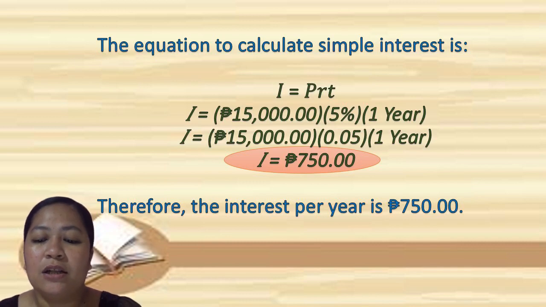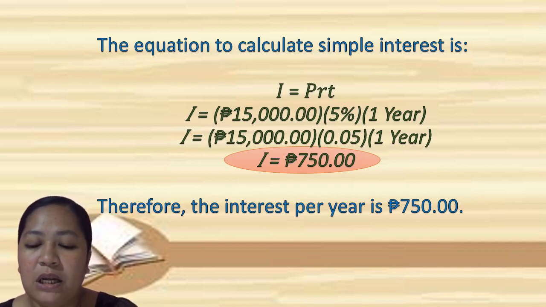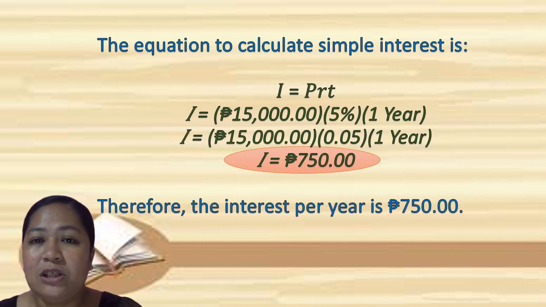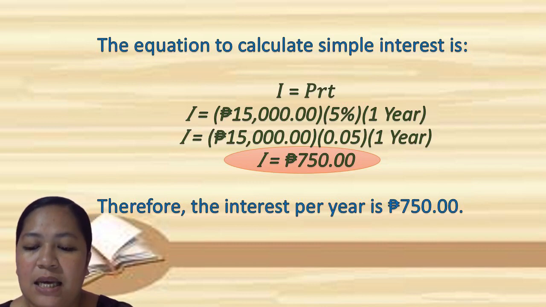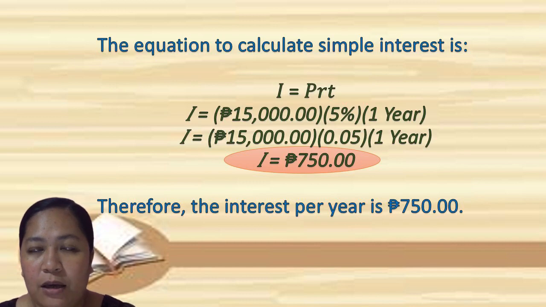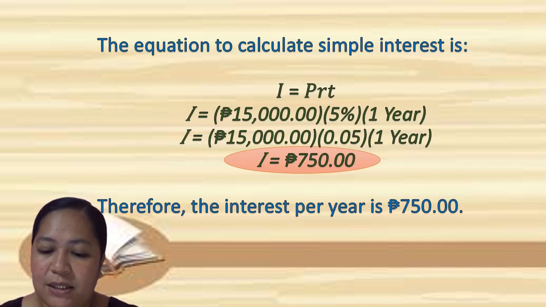So the equation to calculate simple interest again is I equals PRT, or interest equals principal amount multiplied by rate multiplied by time. Since the principal amount is 15,000, the rate is 5%, and the time is 1 year. This is just per row in our table. So that would be 750 pesos.